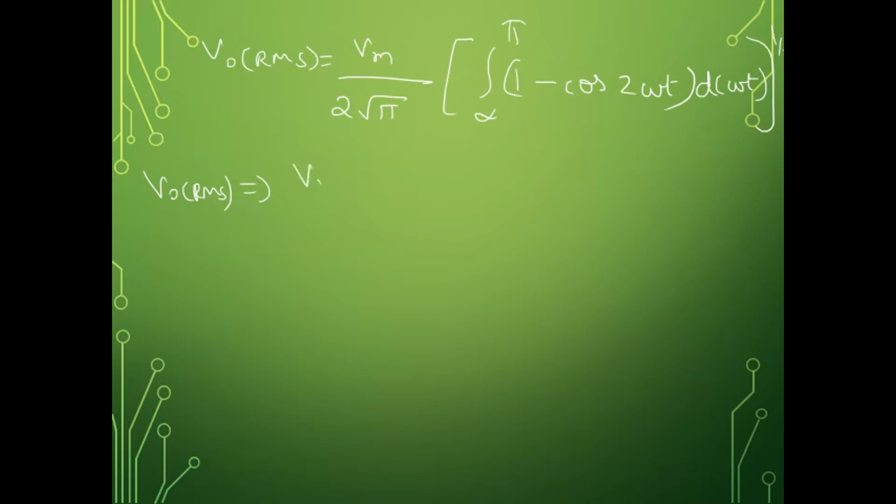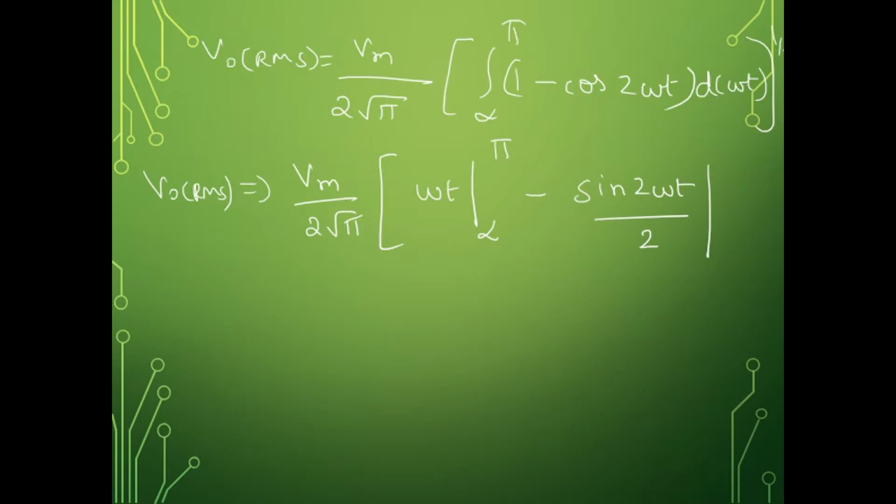Integral of 1 with respect to d omega t is omega t with limits alpha to pi, minus integral of cos 2 omega t, which is sine 2 omega t divided by 2, again with limits alpha to pi, this whole within the root.